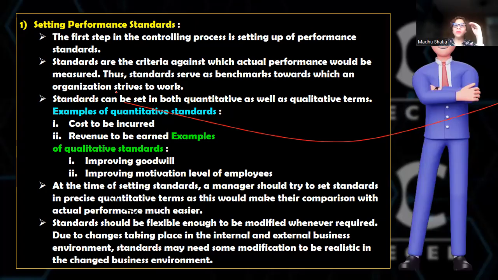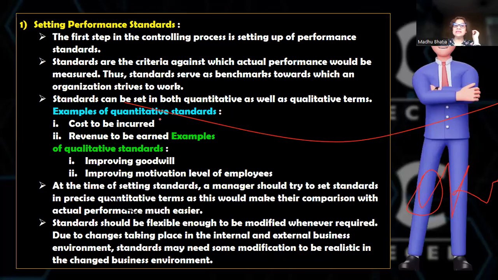So these are the benchmarks which are set up. Now, when we talk about these standards or benchmarks, there are 2 criteria. One, these benchmarks can be qualitative as well as quantitative. I repeat, the standards or the benchmarks can be qualitative as well as quantitative. However, it is extremely important that quantitative standards are clearly set up.